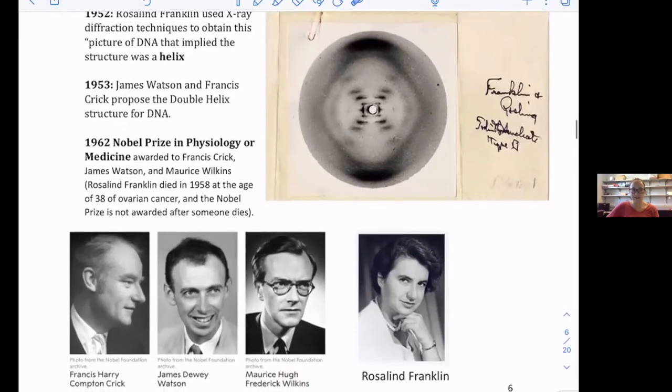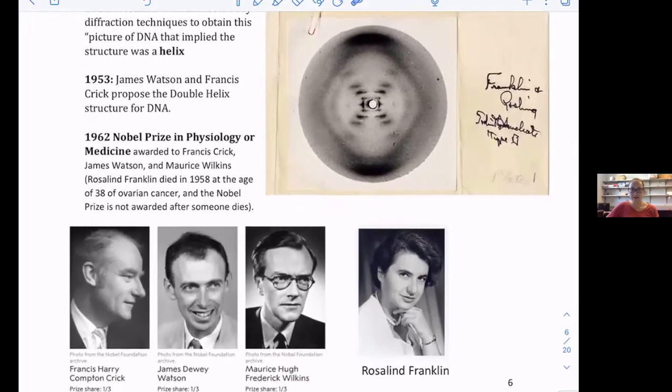So in 1962, the Nobel Prize in Physiology or Medicine was awarded to Francis Crick, James Watson, and Maurice Wilkins. You'll notice that Rosalind Franklin is left out. She was the one who actually came up with the helical structure to start with. But unfortunately, she passed away from ovarian cancer from all of the different X-rays. All the different X-rays caused a genetic mutation in her own DNA and caused her to get cancer.